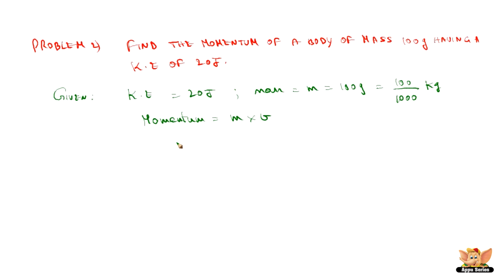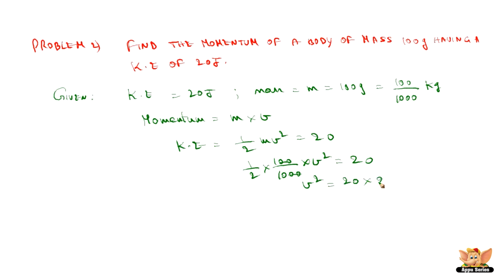To find velocity, we have kinetic energy, which is half mv square, which is 20 joules. Half into m is known, 100 by 1000, as we need to convert it into kg, into v square is 20. On cancellation, we get v square as 20 into 2 into 10, that is 400. So v is 20 meter per second.